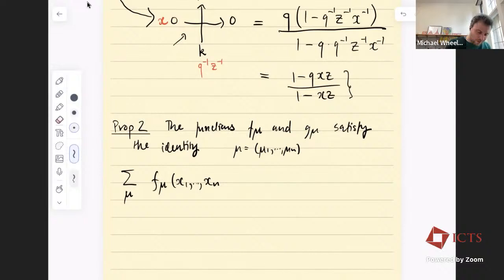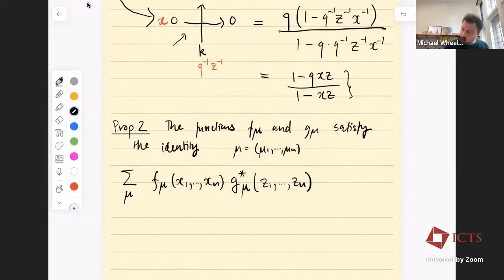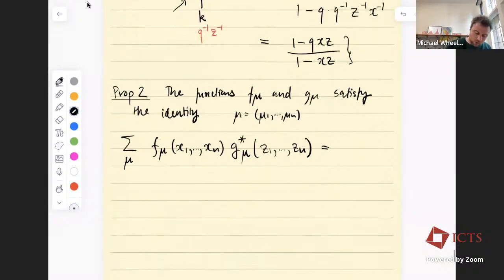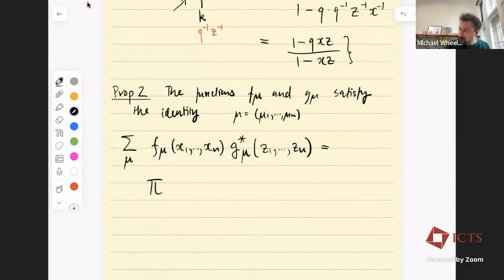Well, there is f, and then there'll be something I call g star. So g star is just going to be equal to g up to a constant. So g star mu in z1 up to zn is equal to something slightly different.